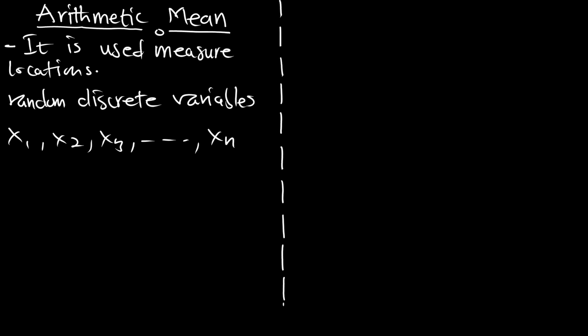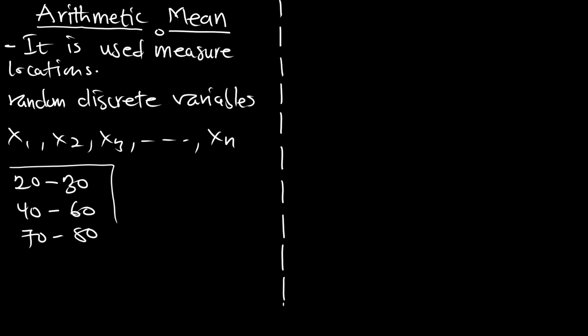When we talk about grouped data, you can say something like from 20 to 30, from 40 to 60, from 70 to 80. These are grouped data. Are we okay? And these are random discrete variables. So in this episode, we are focusing on random discrete variables. In the next episode, we'll talk about grouped data and how to find the arithmetic mean.